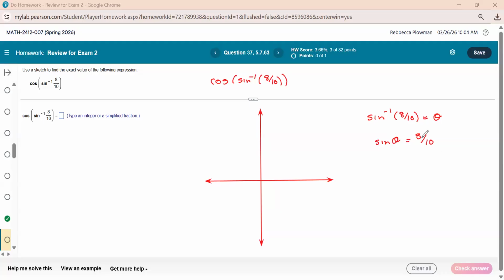So sine is positive, which is going to put me in either quadrant 1 or 4. And because we got positives here, that means we're in quadrant 1. So this is where our triangle is going to be.